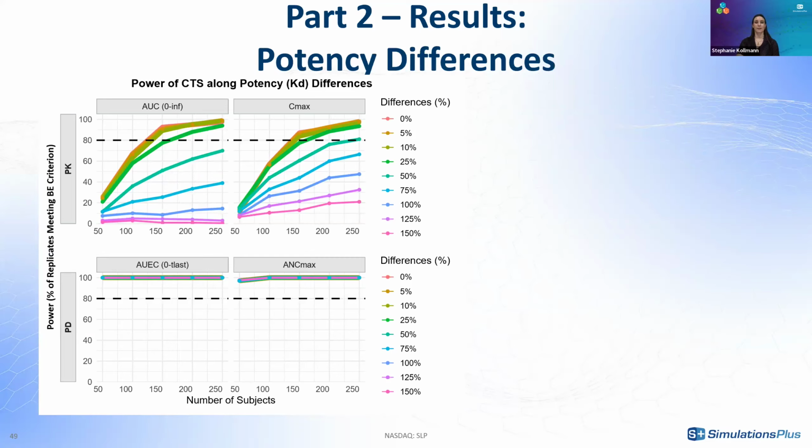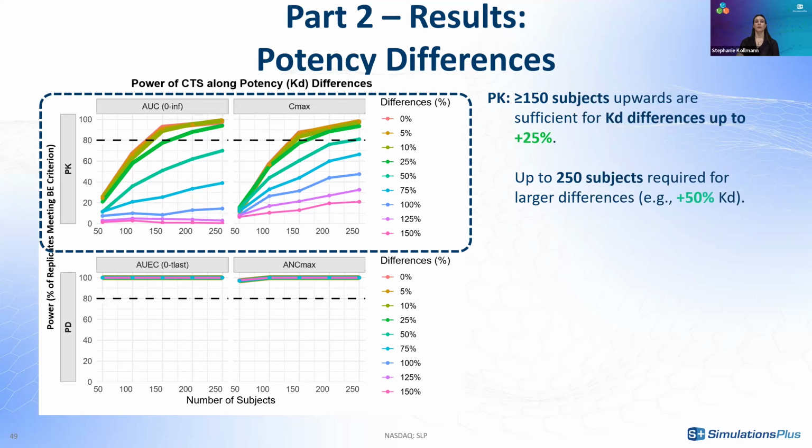And for potency differences, modeled as changes in receptor binding affinity, KD, we observed similar trends. For AUC and Cmax, around 150 subjects are sufficient to achieve 80% power when KD differences are up to 25%.